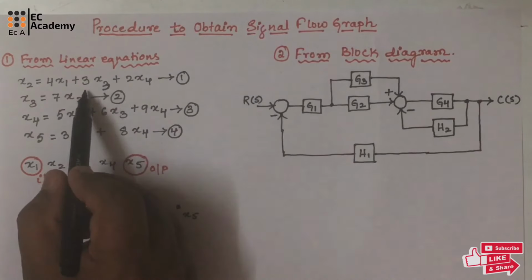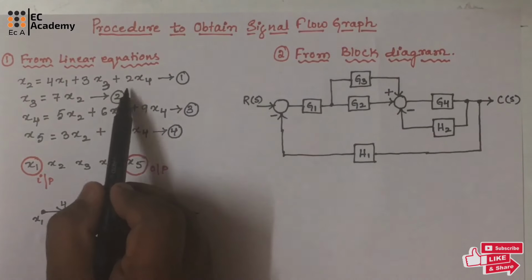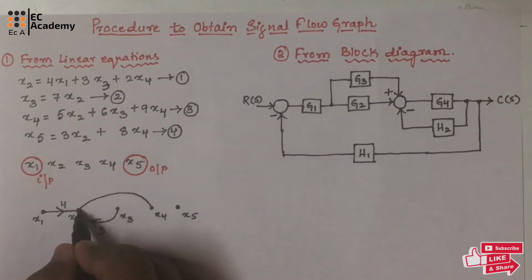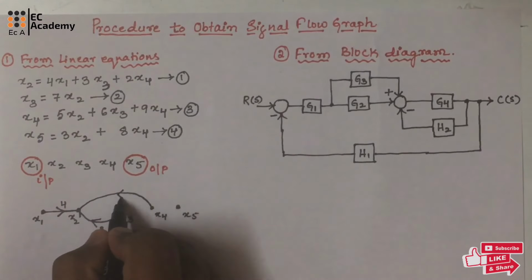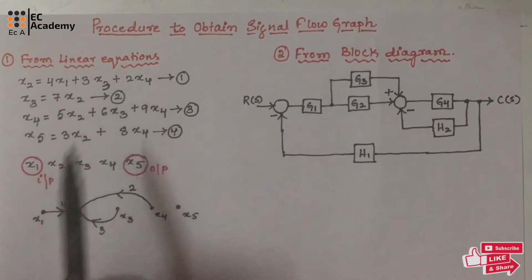Now we have 3x3, so for that we write a signal and write the gain as 3. For 2x4, from x4 we take the signal and join it to x2 and write the gain as 2. So this is about equation number 1.